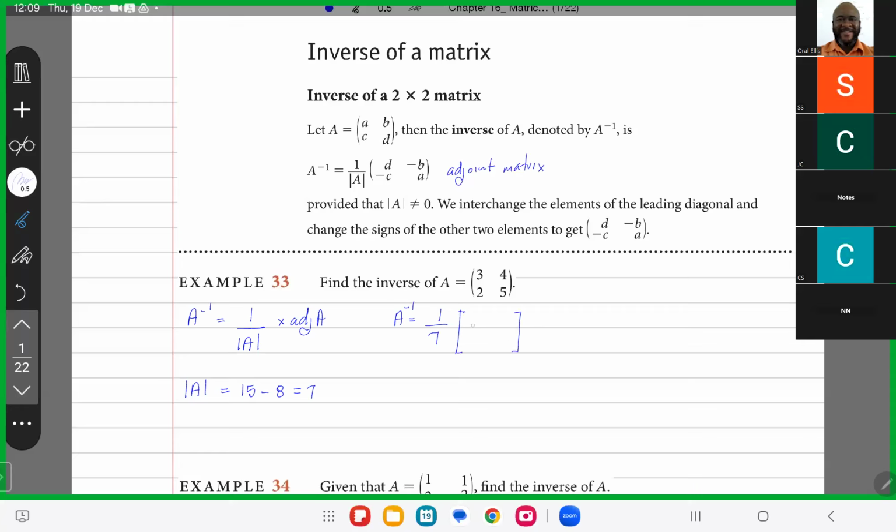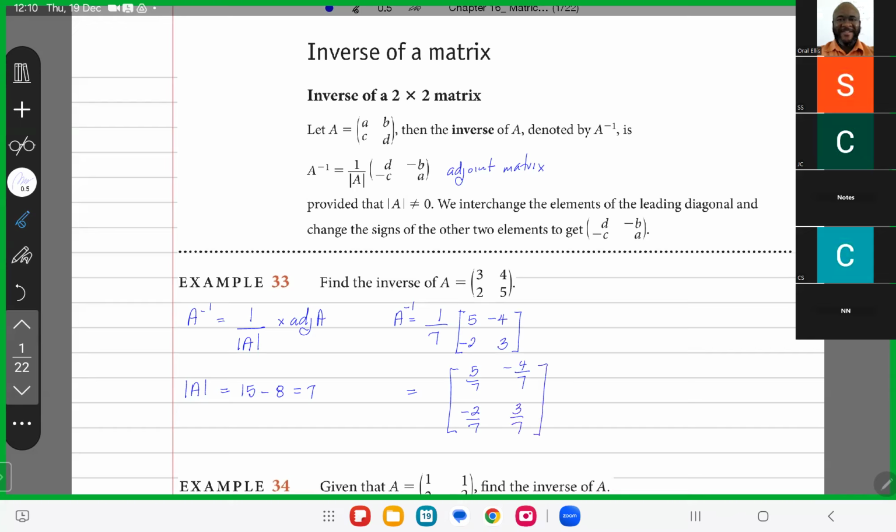So adjoint A, you're going to interchange the leading diagonal elements, 5 and 3. The other two elements stay where they are, but their signs change to -2 and -4. We can take this a step further and say that this is 5 over 7, minus 4 over 7, minus 2 over 7, 3 over 7.